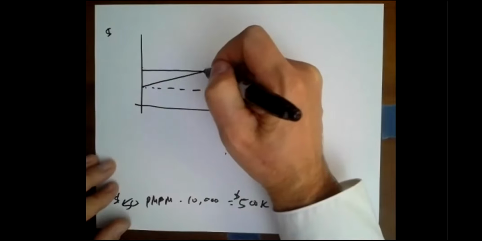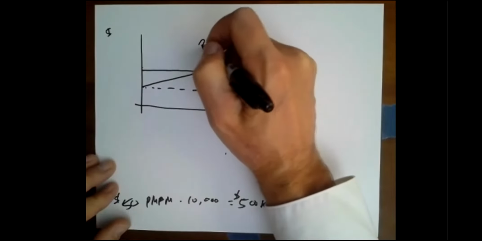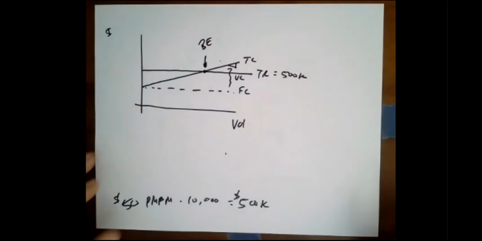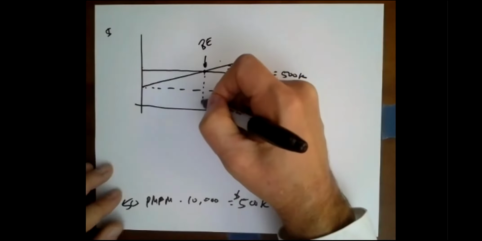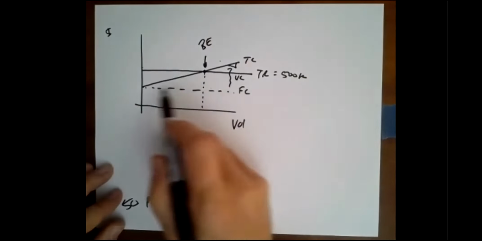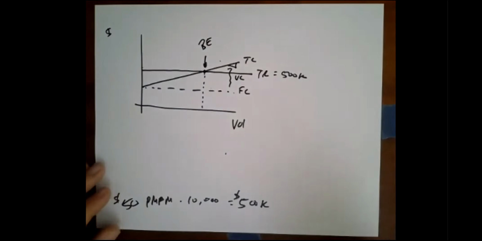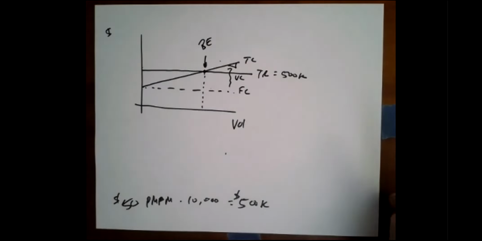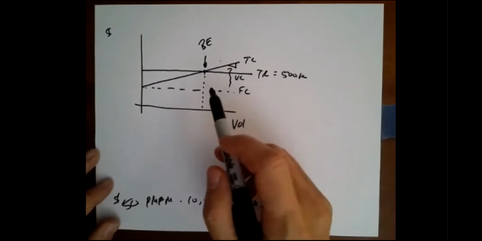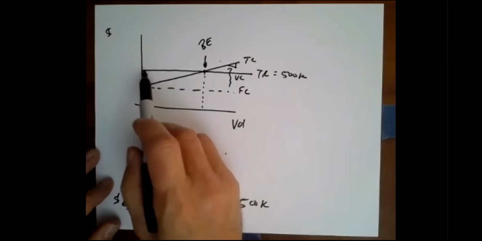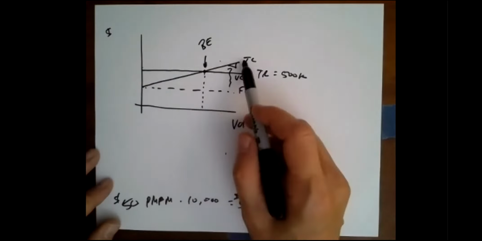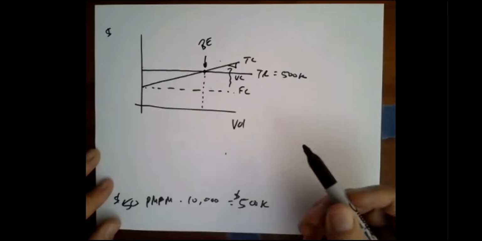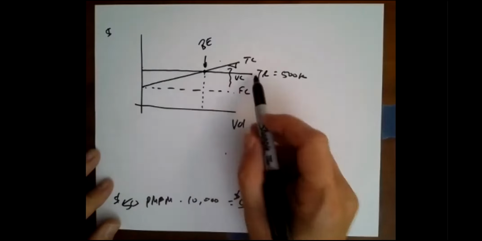My break-even is still the same. Break-even volume is here, where total revenue crosses total cost. And the relationships are the same in the sense that where total revenue is greater than total cost, we have a profit, and where total cost is greater than total revenue, we have a loss.